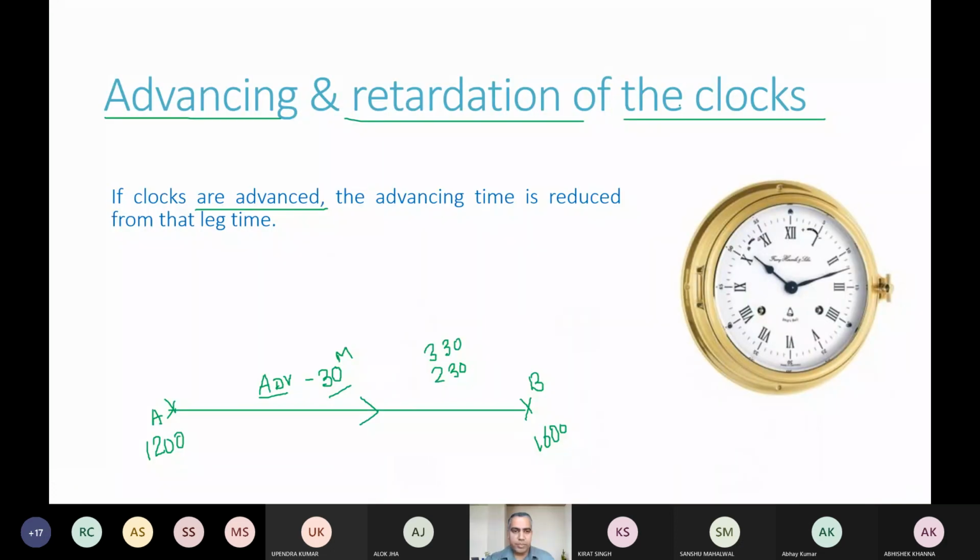Okay, beta. Sorry for the interruption. So clocks are advanced from A to B.